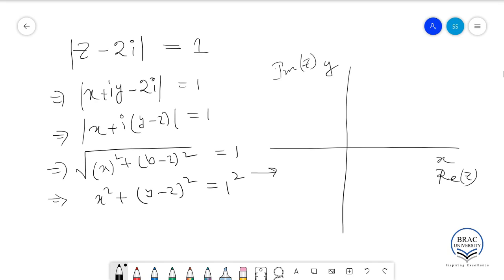So the center is at 0, that is where x equals 0 and y equals 2, so the center should be around here, and it has a radius 1, right? So let's say this is my radius 1, though it doesn't look even, and there you go, this is the circle. So this is how you can have disks in a complex plane. Thank you.